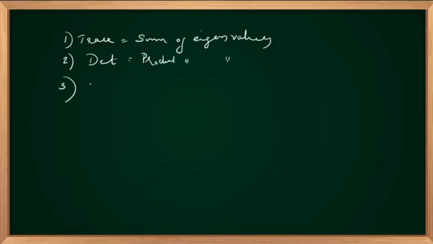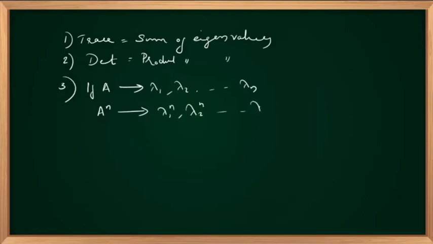Then the third property was, if A is having eigenvalues lambda 1, lambda 2, etc., lambda n, then A raised to n will have eigenvalues lambda 1 raised to n, lambda 2 raised to n, etc., lambda n raised to n, and it's applicable with all positive and negative integer values of n, right?